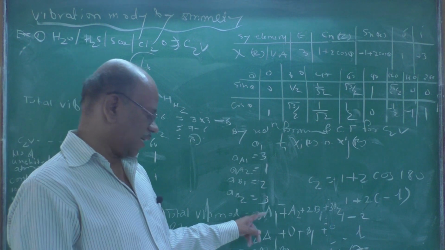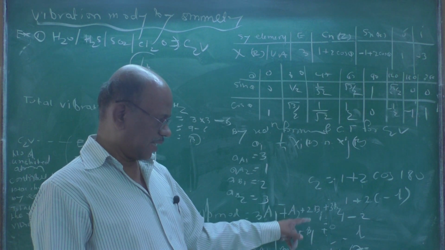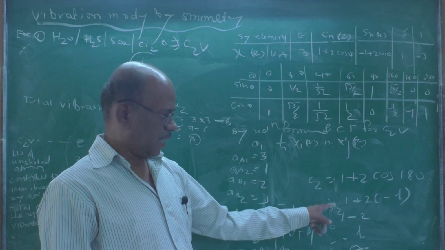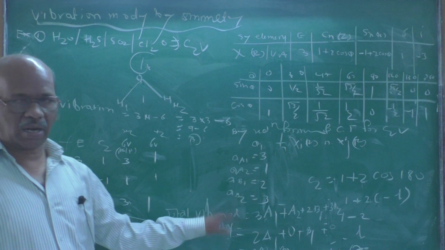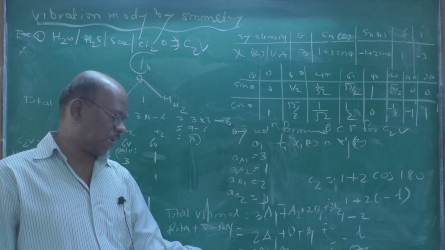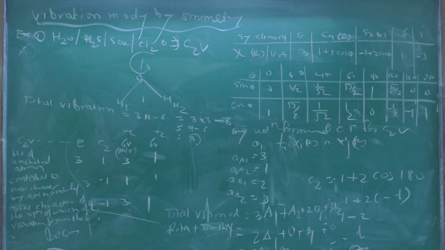So here 1 is there, so 2A1, here it is 0, here 1 is there, B1, and here again 0, no quantity there, and that's why all are eliminated, and the total 2A1 plus B1 is the answer. A1 is singly degenerate, the dimension under the character table for A1 is 1, so 2 multiplied by 1, and B1 is again 1.